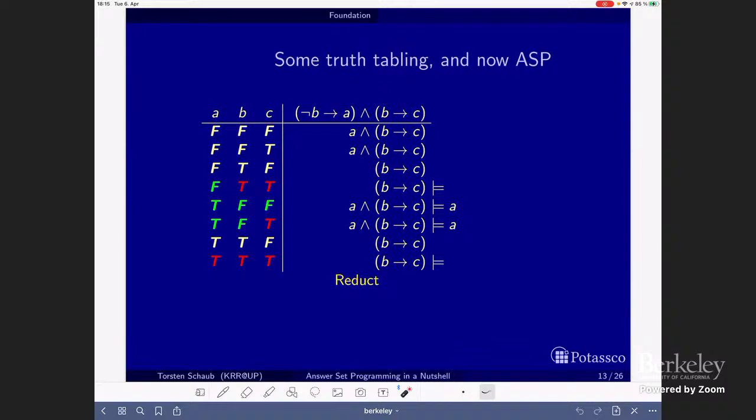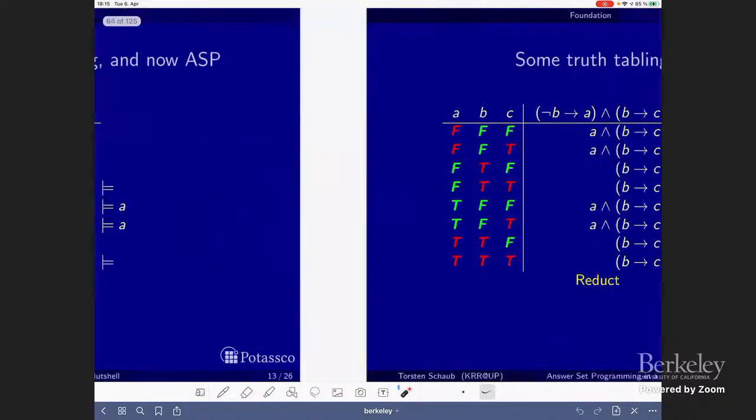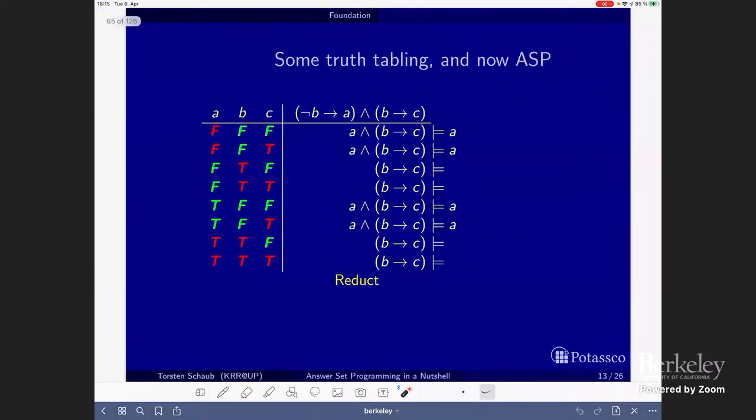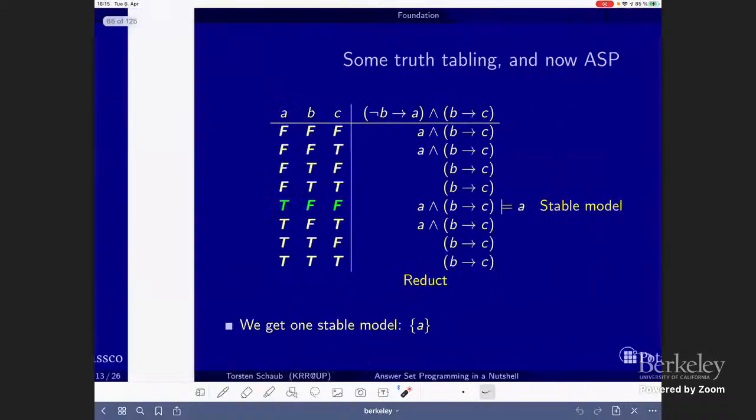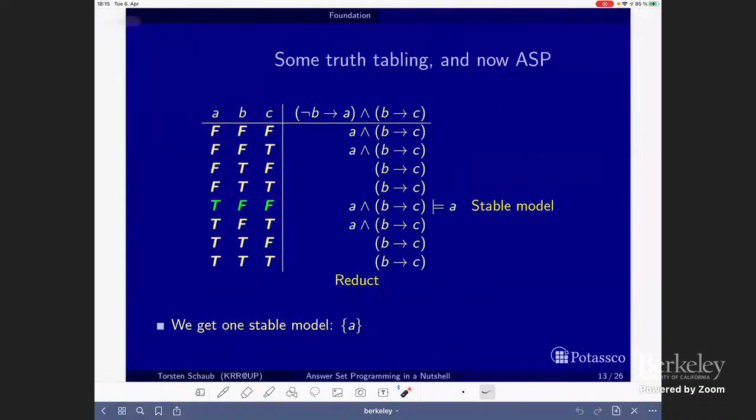The only model where we can find a proof for all the atoms we assume to be true is this one. We can do the same thing for all the interpretations, but there's nothing to specify. This is the only stable model.